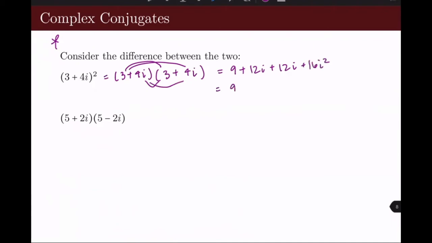This is equal to 9 plus 24i plus 16 times negative 1, which is equal to 9 plus 24i minus 16. And 9 minus 16 is going to be negative 7.